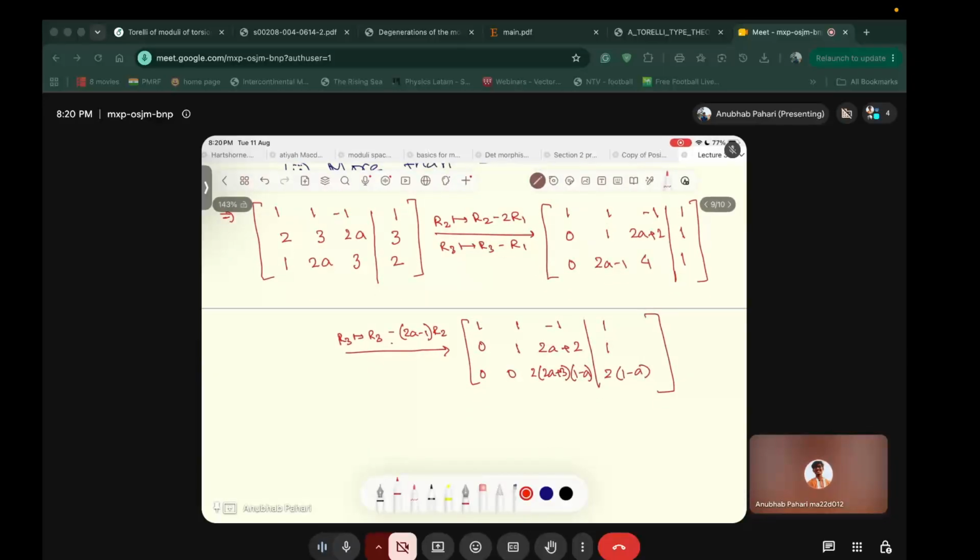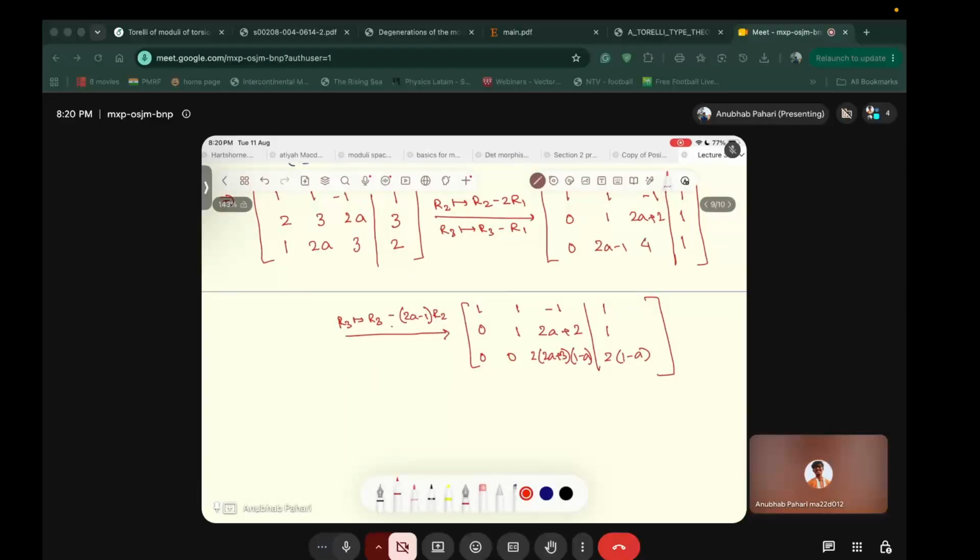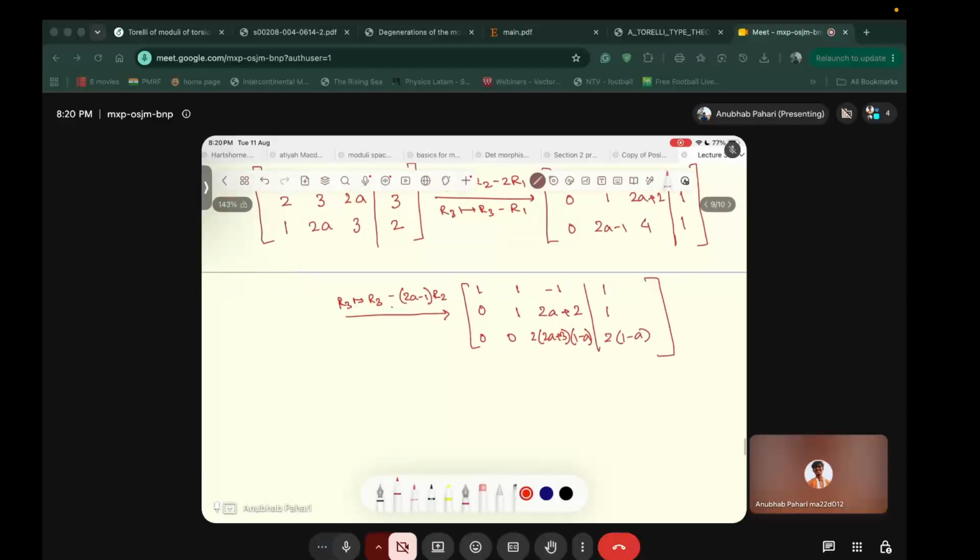So now, when will the system have no solution? If 2a plus 3 equals 0, then a equals minus 3 by 2.